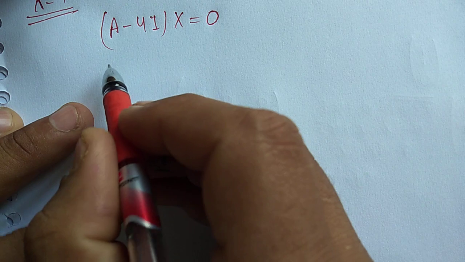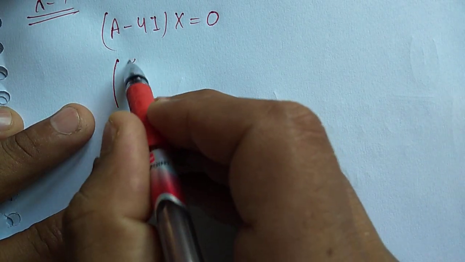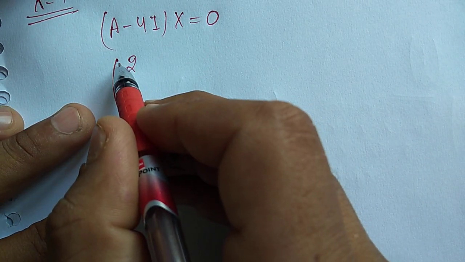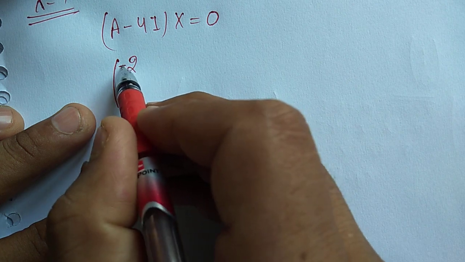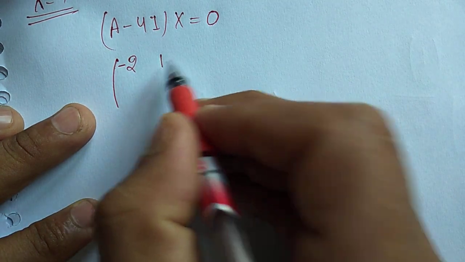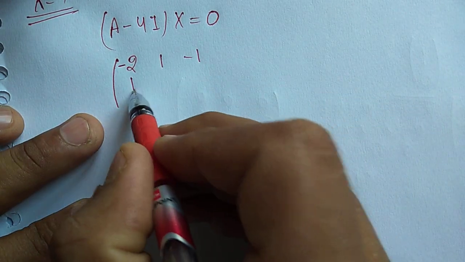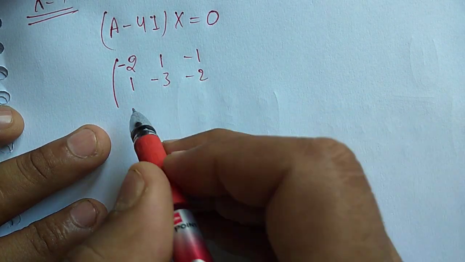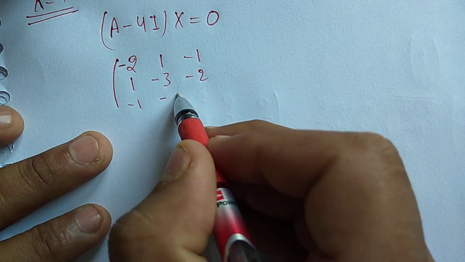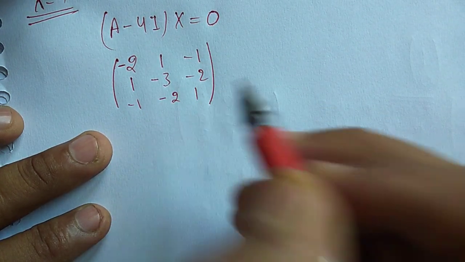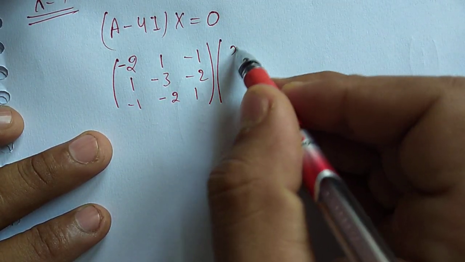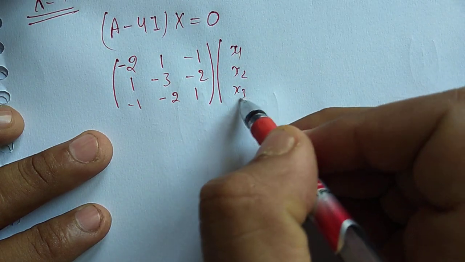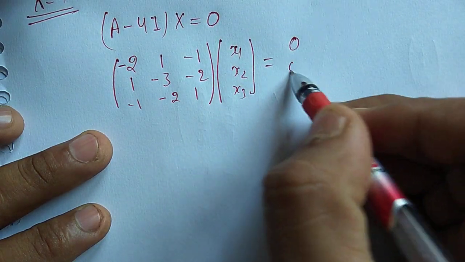This matrix will be 2 minus 4, -2, 1; -1, 1 minus 4, -3; -2, -1, -2 minus 4... times x1, x2, x3 equal to 0, 0, 0.